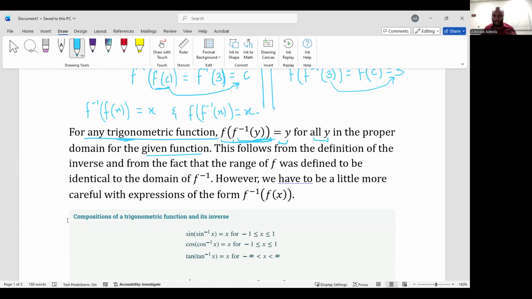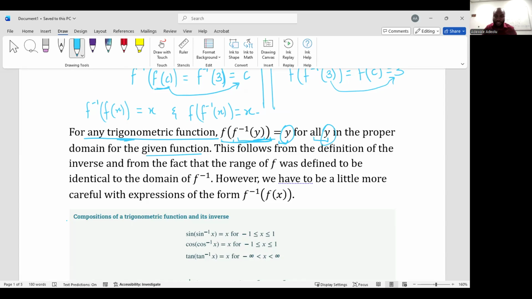Now, f acting on an angle will give us a ratio. So because our final answer is a ratio, that works well every time when y is in the proper domain for the given function.